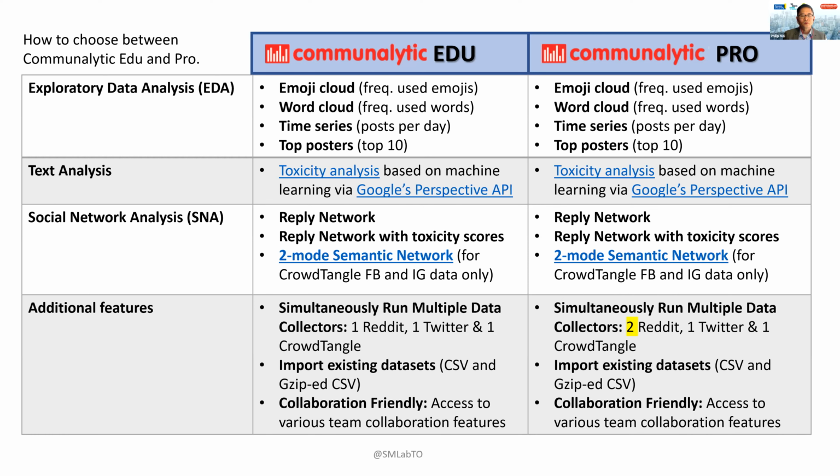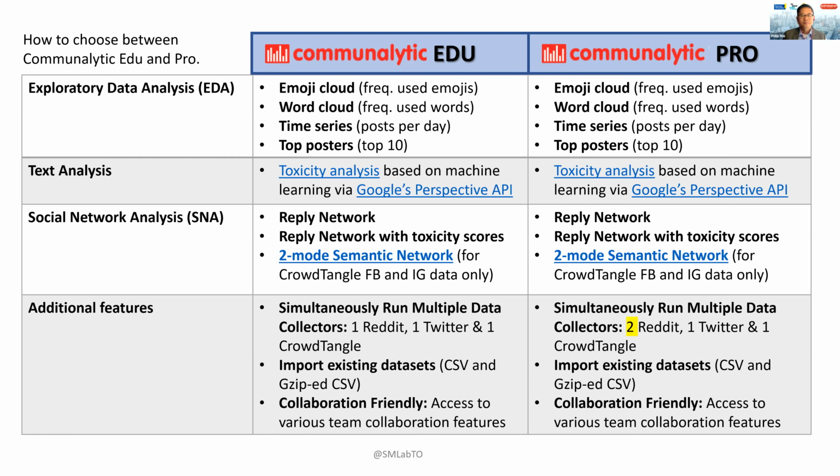So let's say you want to capture a data set on COVID-19 on Reddit, but you also want to see what people are saying about COVID-19 on Twitter and on Facebook, you can now run all three of those data collections simultaneously. With the Pro version, you can do 2 Reddit at the same time and 1 Twitter and 1 CrowdTangle.